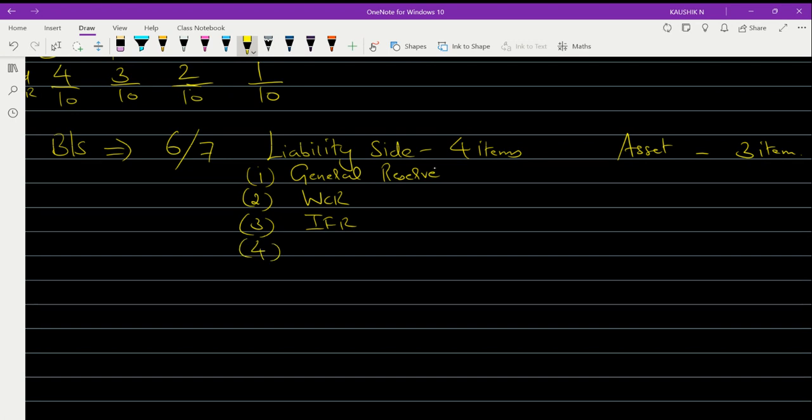And the fourth item is the profit and loss account.